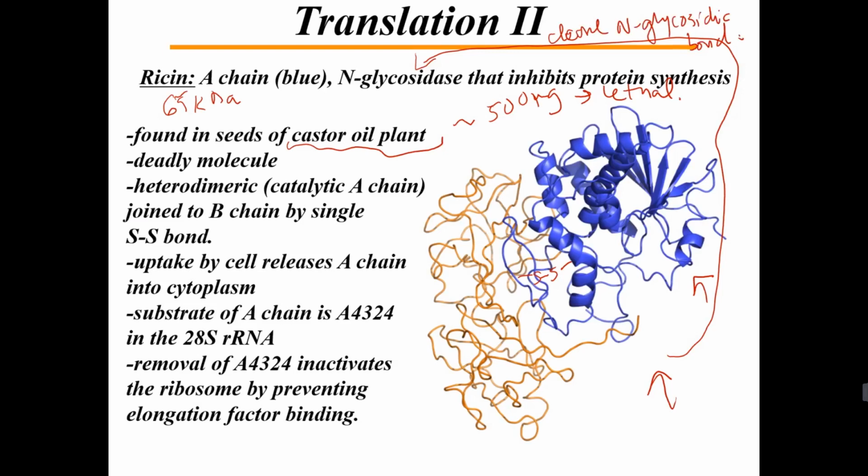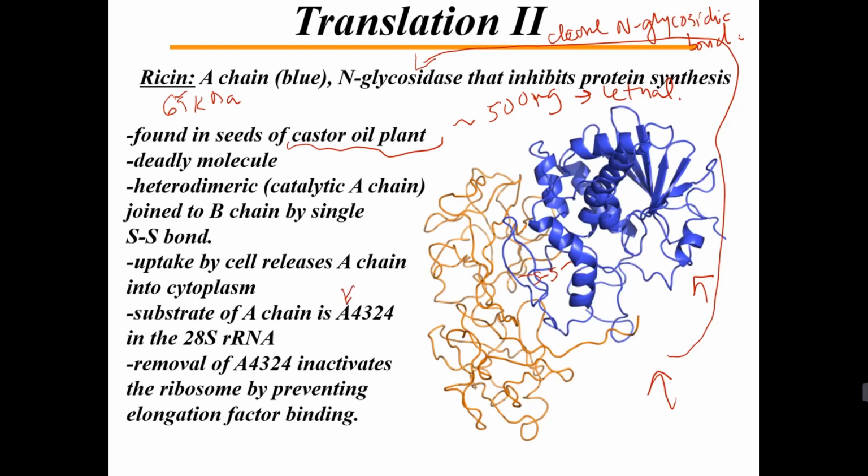And once it enters the cell, the B chain actually allows for the toxin to bind to the cell, and this binding leads to the endocytotic uptake of the dimer and eventual release of the A chain into the cytoplasm. Because it's an N-glycosidase, it actually uses as its substrate the universally conserved adenosine 4324.